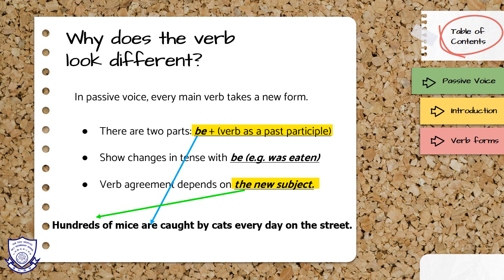However, here in the passive voice, it is the new subject. Therefore, hundreds of mice is followed by are, and thereafter we have the past participle, caught. So altogether, hundreds of mice are caught by cats every day on the streets. That's what you should pay attention to when you write a sentence in the passive voice.